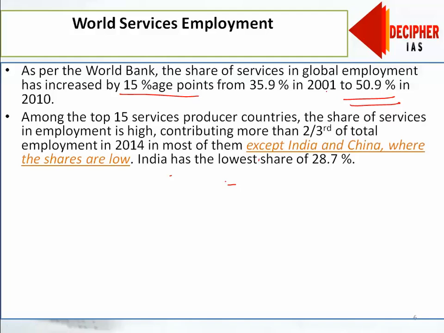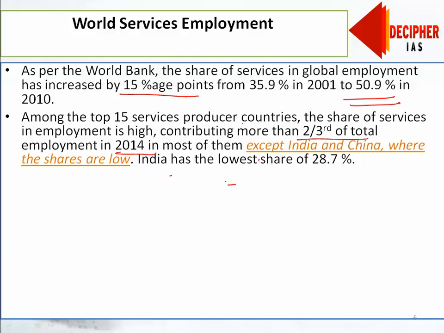World's economy I am talking about. Among the world's top 15 services producer countries, share of services in employment is very high. That is 2/3. If you see in 2014, it contributed 2/3 of total employment. Overall, it is 50%, but now it contributed 2/3.